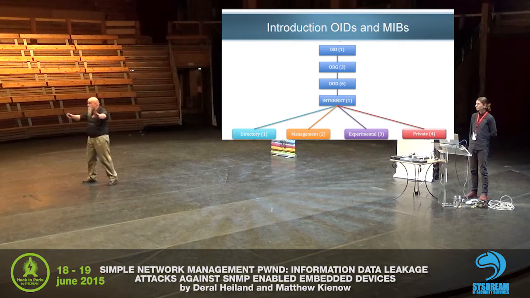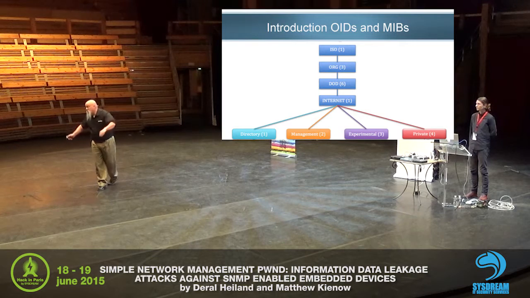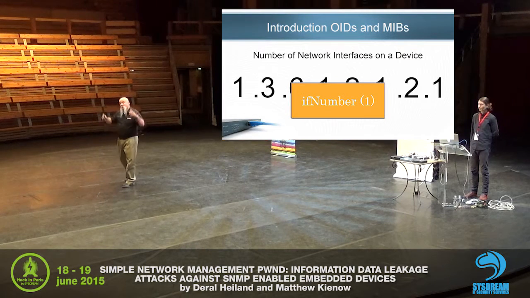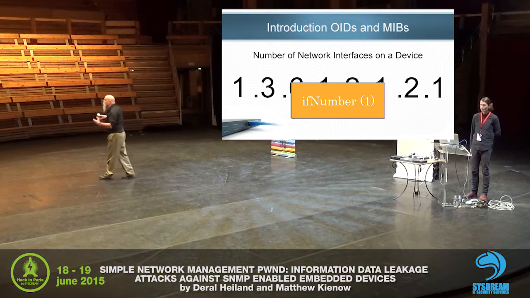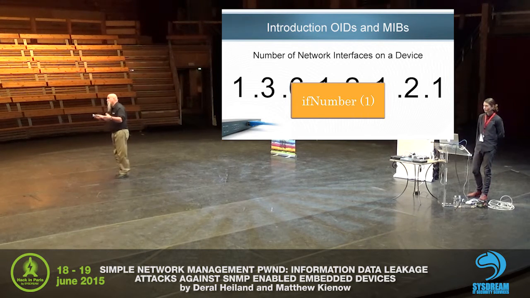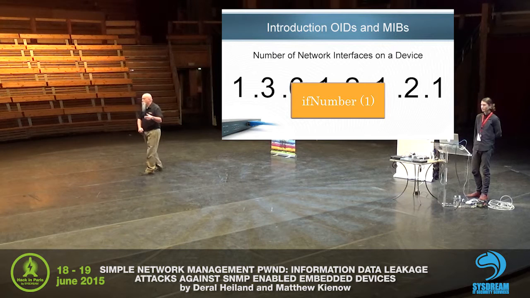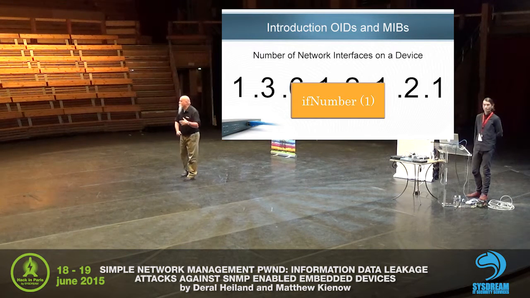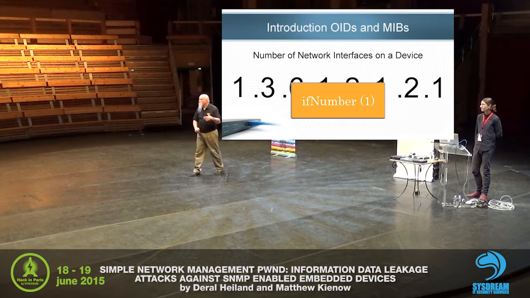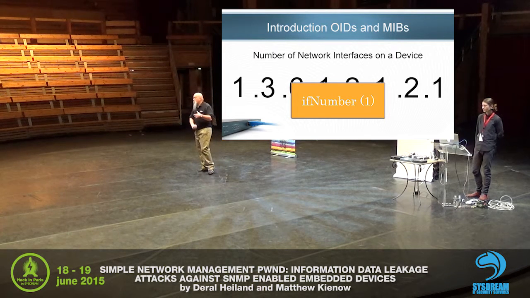I need to get access to this database of information, and this is how I'm going to do it. So, as an example, let's say you wanted to get the number of network interface cards or network interfaces on a device. It's fairly simple. You can walk down through this tree to the location that exists in the MIB, slowly.